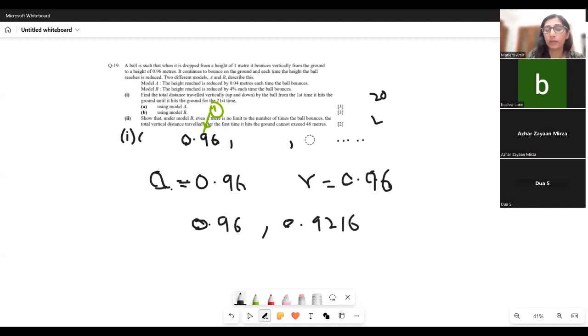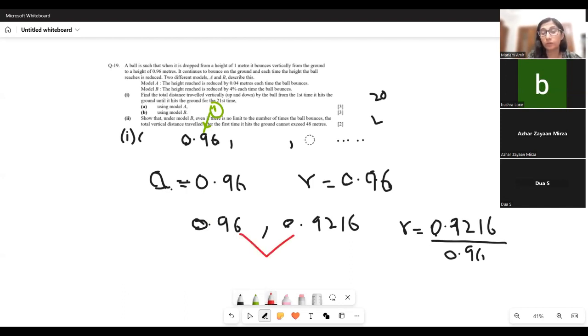हाँ, सेकेंड टर्म आ गई 0.9216. और अब इससे r निकालने के लिए we're going to divide the second term with the first term. 0.96, which is the same. ठीक है, या फिर हमें पता है कि to decrease the value by 4%, you're actually multiplying it with 96%.